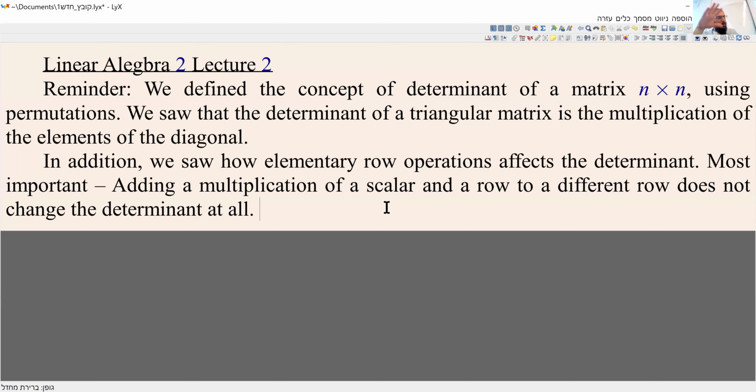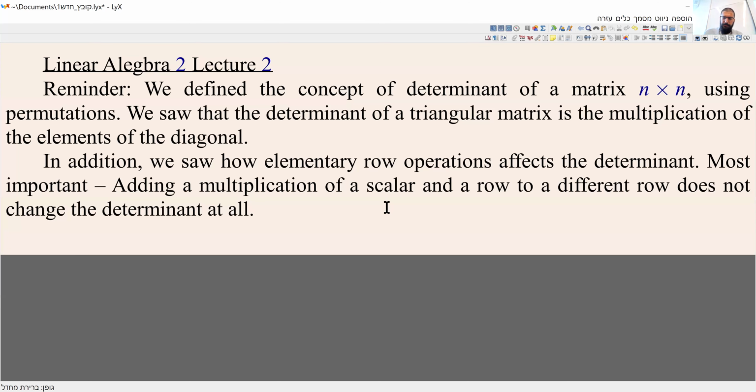After we wrote all this and had an example of calculating the determinant, I think it was a 3 on 3 matrix with elements from 1 to 9, we wrote some of the determinant properties.